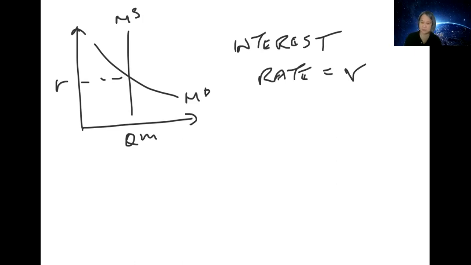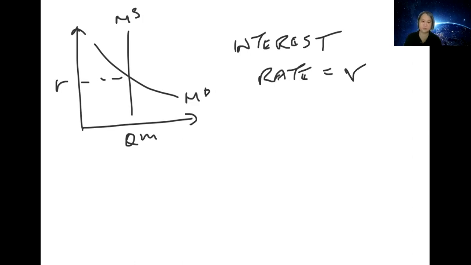So interest rate is the cost, or the price, of money. We're also going to assume that the Bank of Canada has complete control over the money supply in the nation, and you'll see how they're able to influence it when we go backwards.